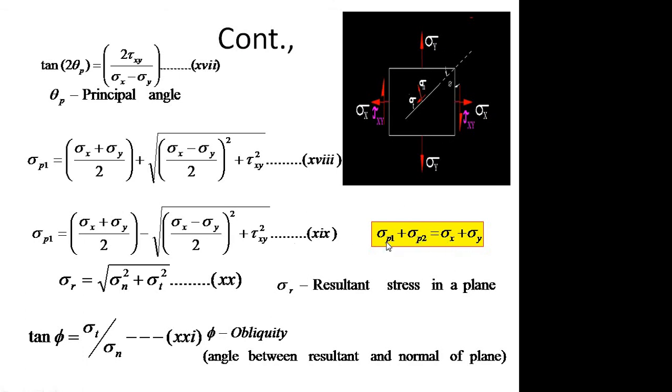That is, the addition of the major principal stress and the minor principal stress is equal to sigma x plus sigma y, the normal stresses acting along the x direction and the y direction, whatever may be the value of tau xy. Remember this. This relation will be very useful for saving time. We can see that later.